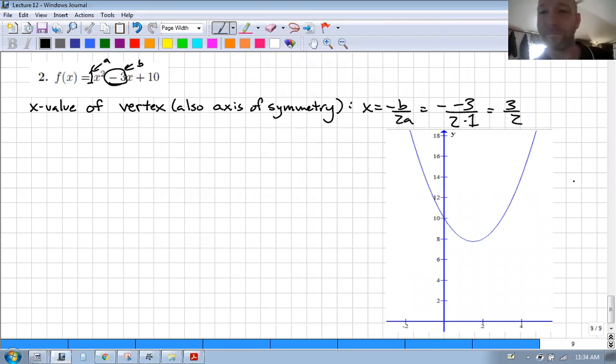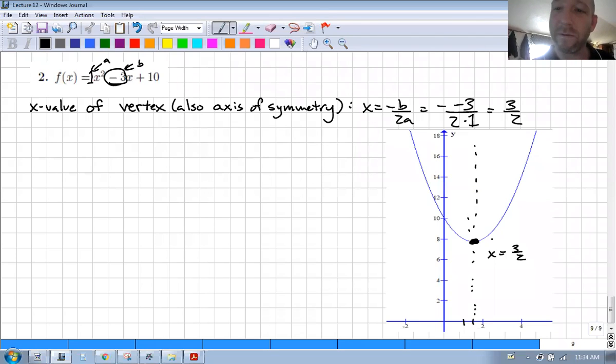There we go. So the x value of the vertex, we have 3/2. That's the same as 1.5, right? So here's 1, here's 1.5. That's x equals 3/2. Here's our vertex.